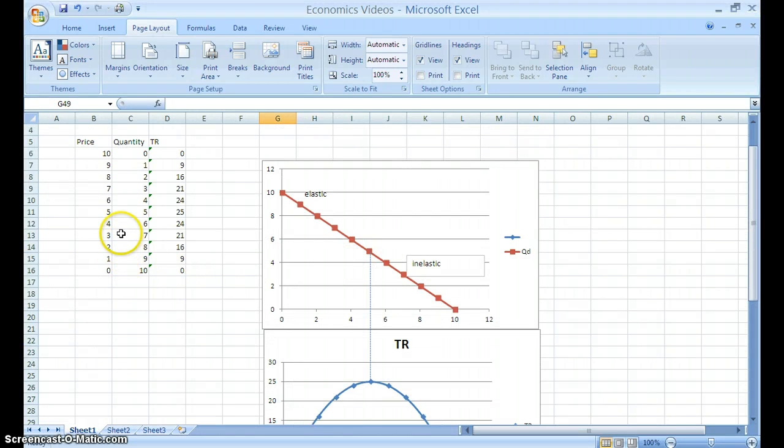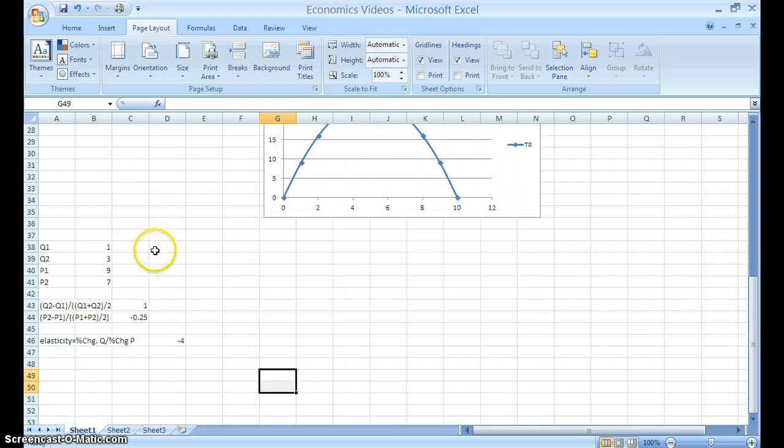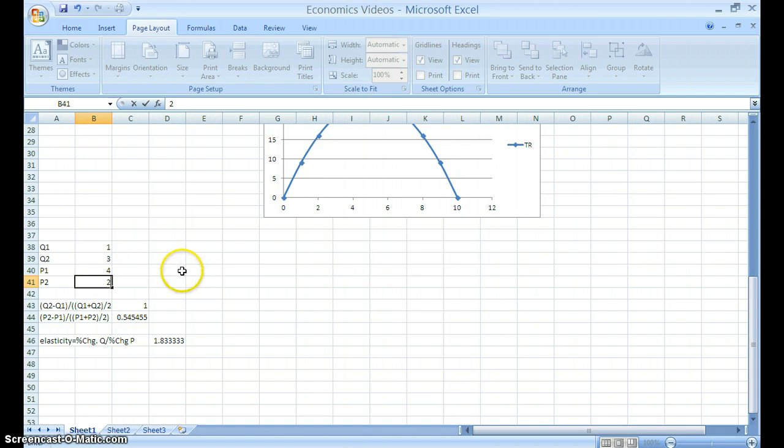Let's say we lower from a price of 4, where we sell 6, to a price of 2, where we sell 8. So let's do that. We'll go from a price of 4 to a price of 2, and our original quantity sold is 6, and our second quantity sold is 8.